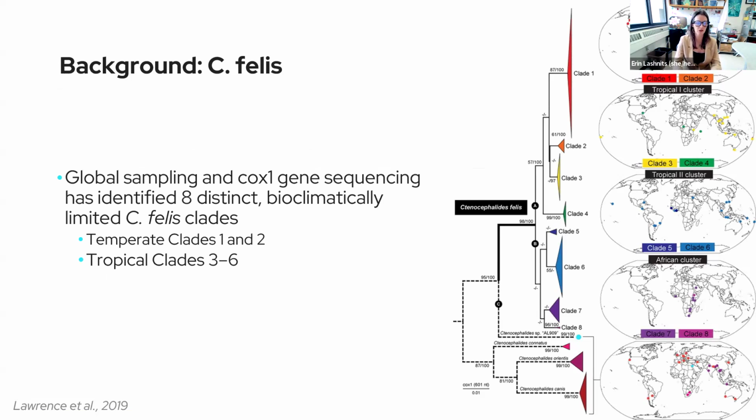So there are 2 temperate clades, and then 3, 4, 5, and 6 are the tropical clades. Cat fleas are more common in tropical locations, but they can be found worldwide, as you can see based on these maps. And I'll be talking about the different clades through the research that we've done as well. In Africa, there are 2 specific clades that are just specific to Africa. We do not find these typically in the US.